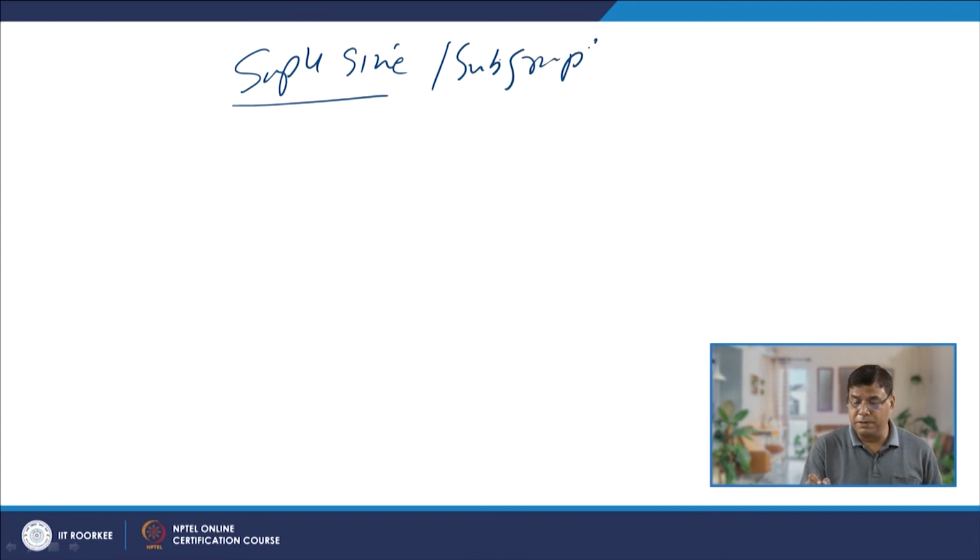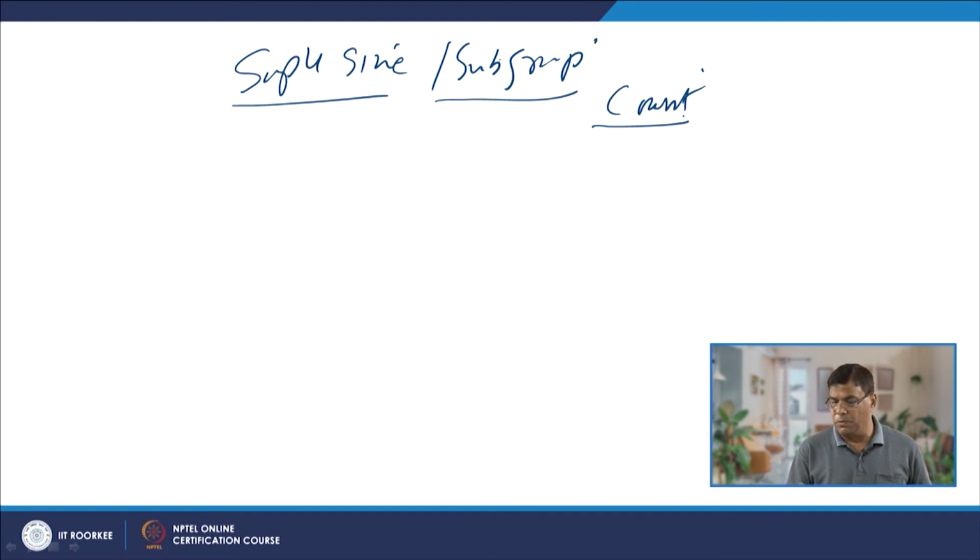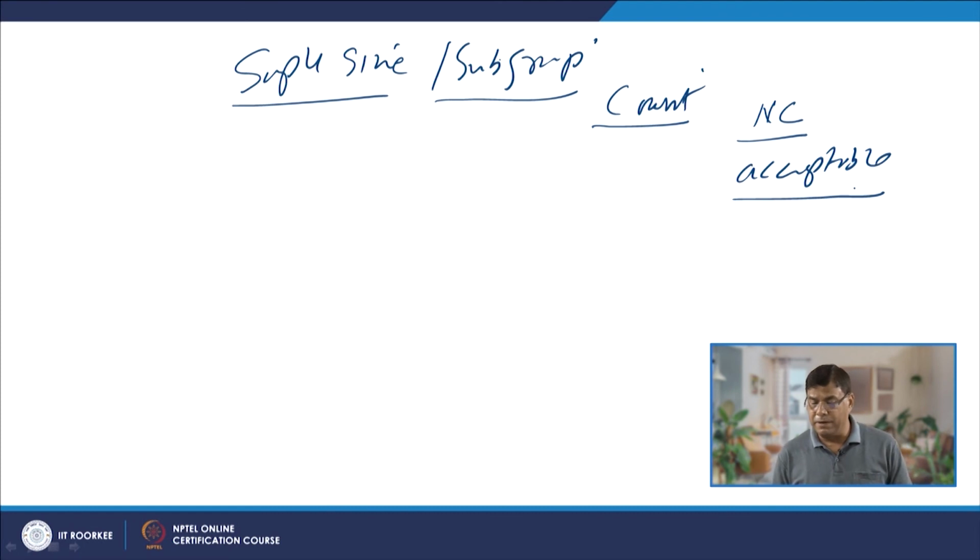Once the sample size has been decided and the sample or subgroup of the suitable size has been selected, thereafter we have to count, instead of measuring, the number of NC items, that is the non-conforming items or the conforming items. So, the count is made.